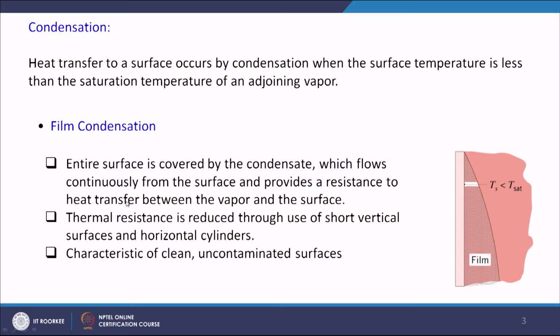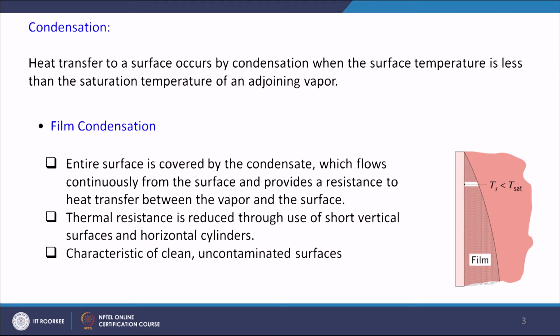So, first let us try to understand what film condensation is. Majority of this type of film condensation we see over a vertical surface. Here I have given you one schematic of the vertical surface. Let us say this is the surface whose temperature is lower than the saturation temperature at a given pressure.